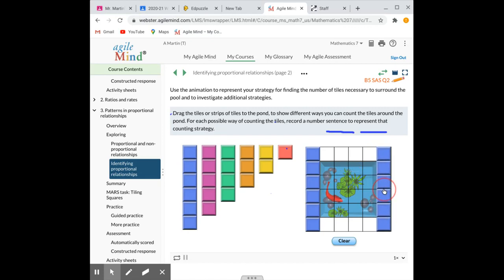All right, so that would be 2 times what? 2 times 6. All right. And then use 4 for the sides, which is the green, so that'd be plus 2 times what? 4. All right. So that's one number sentence.